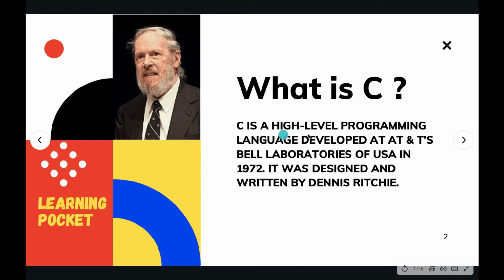So what do you mean by higher level programming language? There are basically two types of programming language: higher level and lower level. Lower level, also called assembly level, is very difficult to understand, and mostly consists of zeros and ones, the basic raw language that is understood by machines or computers.